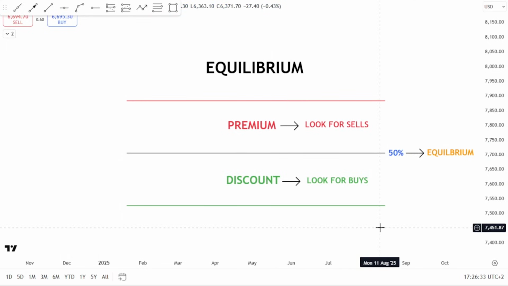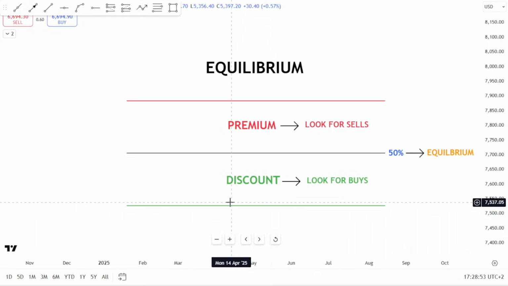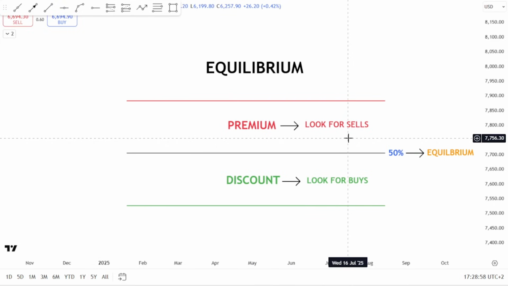Ladies and gentlemen, that's exactly what banks and institutions love to do. They enter trades at the best possible prices. The big boys will look to buy at a discount and sell at a premium. And us as retail traders want to be trading with the banks and never against them.